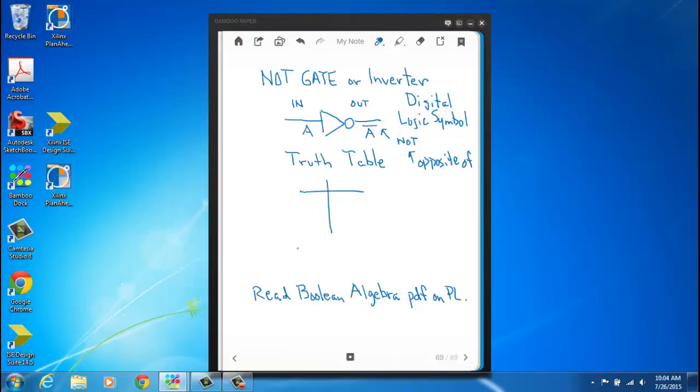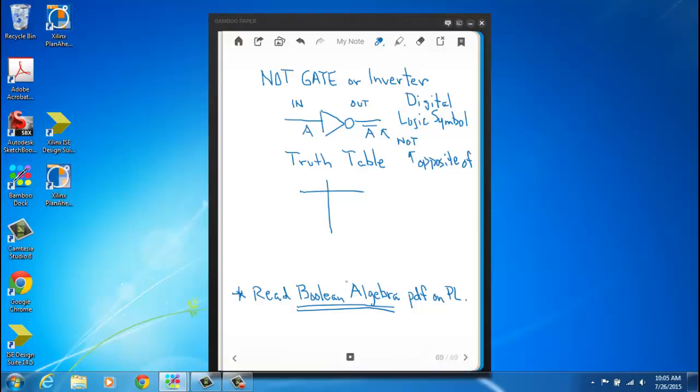Okay, now before I forget, I made this little note here down at the bottom that on Polylearn there's a PDF that discusses Boolean algebra. I'm not going to make a video specifically on Boolean algebra. I mean, we'll be using Boolean algebra in the context of other things, but when you look at this handout, what you'll see is that Boolean algebra is base 2 algebra, and a lot of the laws and identities are the same as base 10 algebra.